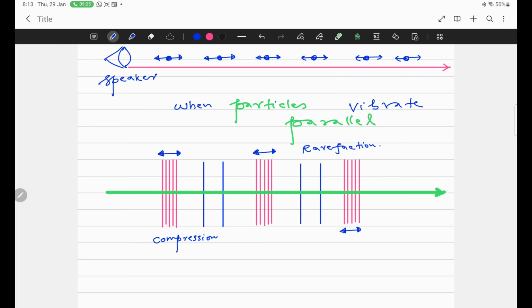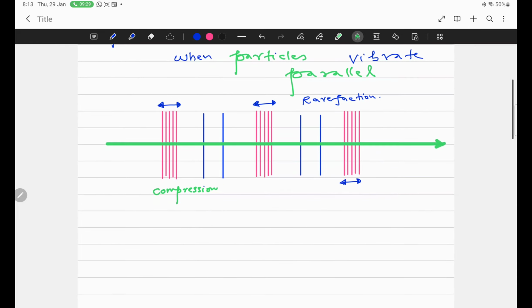Longitudinal waves are composed of compressions and rarefactions. Sir, compression is the region where particles are very close to each other, and compression is a high pressure region. And the region where particles are far apart, obviously the pressure will be low.